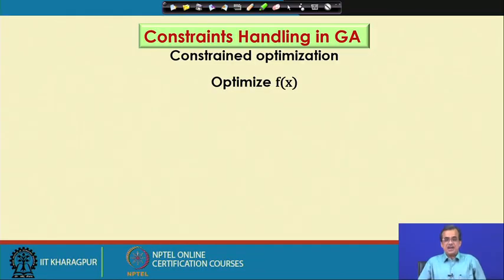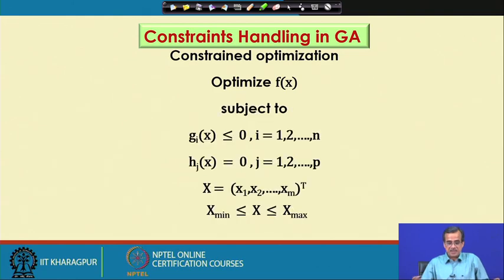Supposing that I have a function y equals f(x), and I will have to optimize this, say either maximize or minimize, subject to some functional constraints like g_i(x) less than or equal to 0, where i varies from 1 up to n.